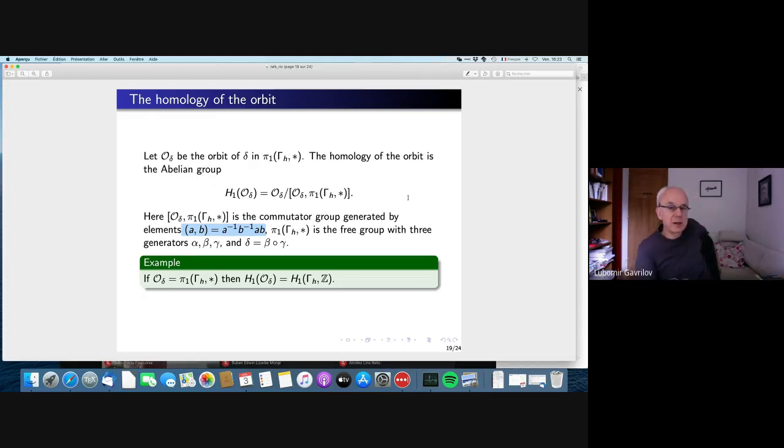The general case is when this homology has an infinite number of generators. So the situation is the following: we have at the beginning a free finitely generated group. You take some orbit inside which is a subgroup. After computing this quotient, we get some abelian group. This abelian group is not finitely generated.